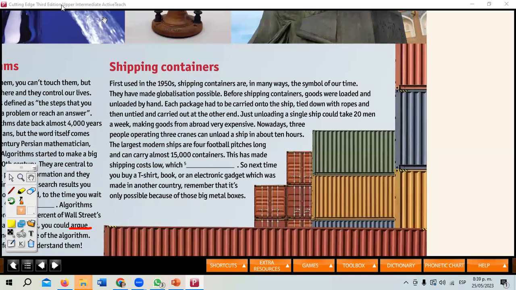This has made shipping costs low, so next time you buy a t-shirt, book, or an electronic gadget which was made in another country, remember that is only possible because of those big metal boxes. Those big metal boxes.